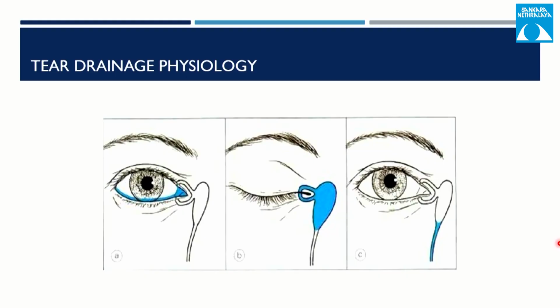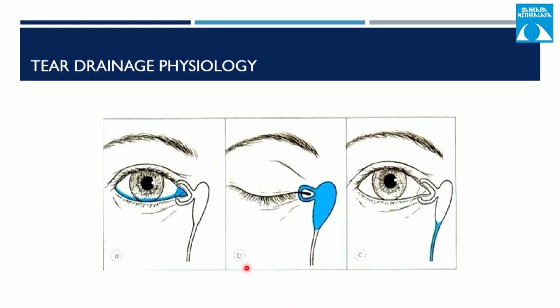Now we come to the tear drainage physiology. When we blink, first the upper and the lower puncta get opposed. When the opposition happens, there is also a contraction of the orbicularis muscle. That leads to squeezing of the sac and the canaliculi, which drains the tear from the canaliculi and sac into the NLD.